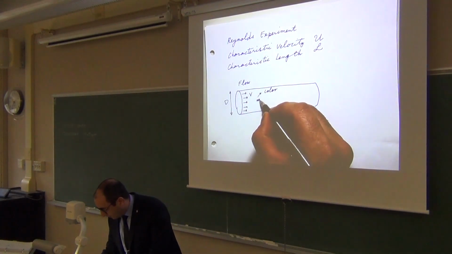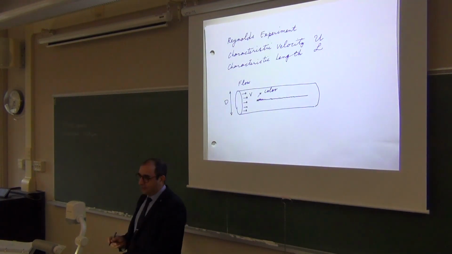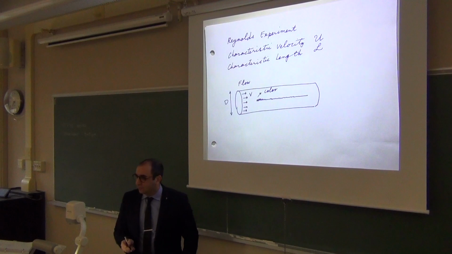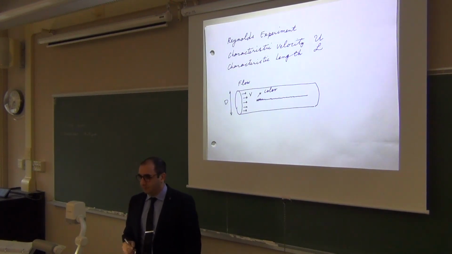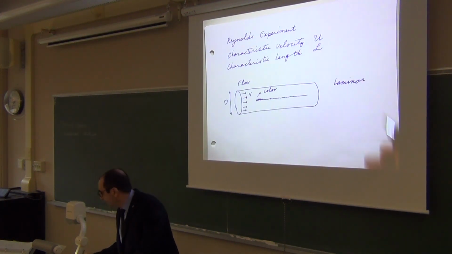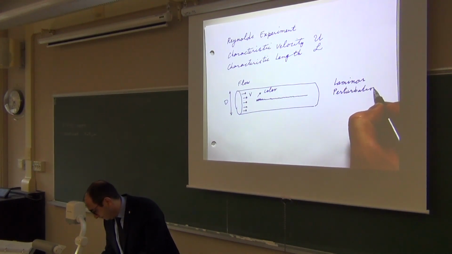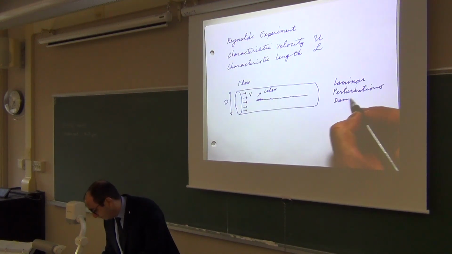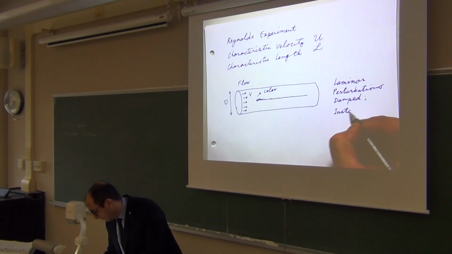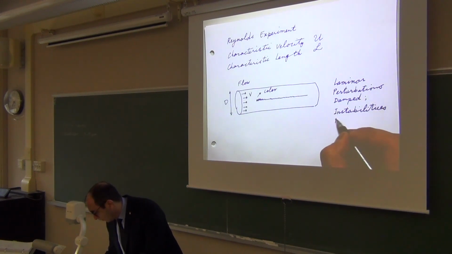He observed that at low velocities, this dye remains as a centered stream of color at the center. Even if there were perturbations, they were damped, right? So in laminar flow, perturbations are damped, or, alternatively, instabilities do not grow.